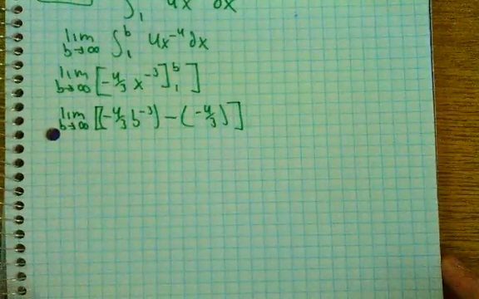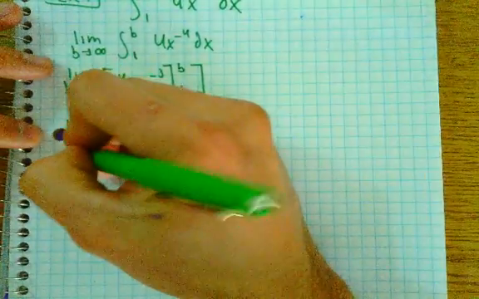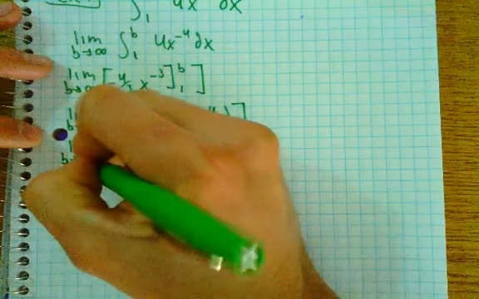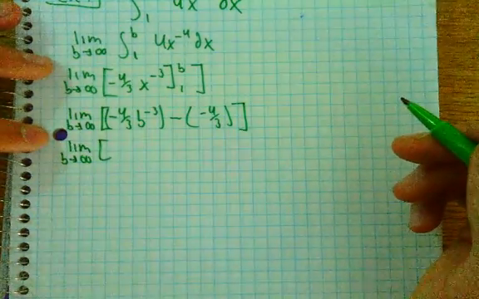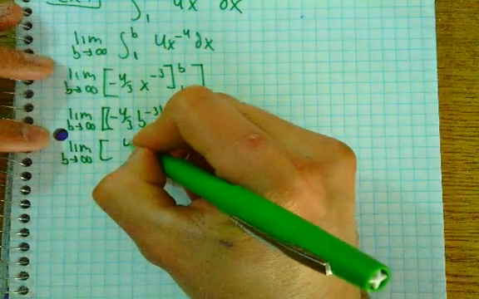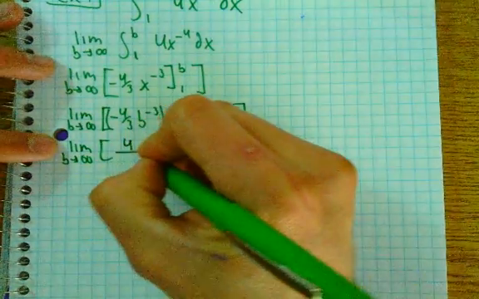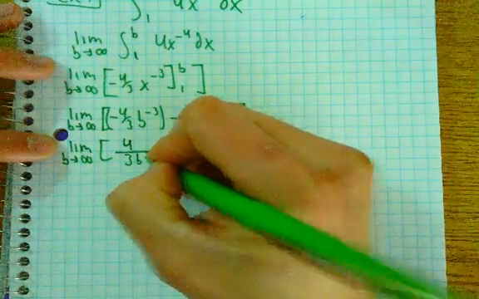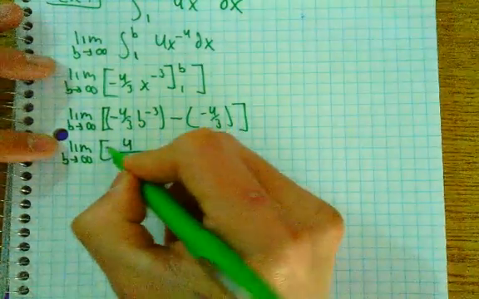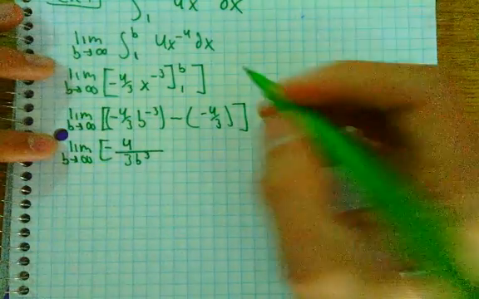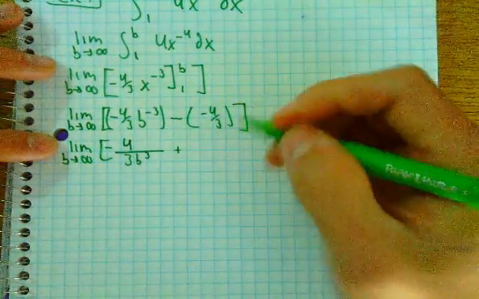Okay, so then you just want to clean this up a little bit before you take the limit. So the limit as b approaches infinity of 4 over 3b to the third, right? And it's going to be negative. And then this negative times negative makes it a positive, right? So plus 4/3.